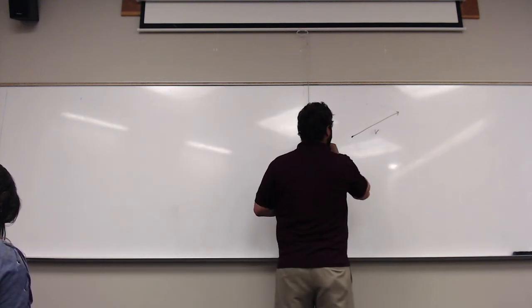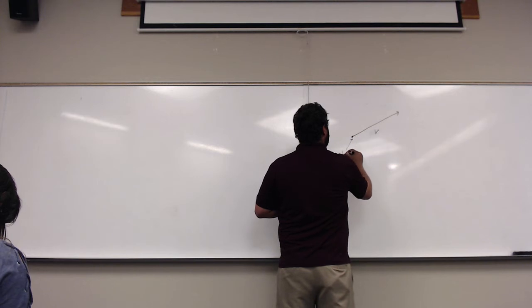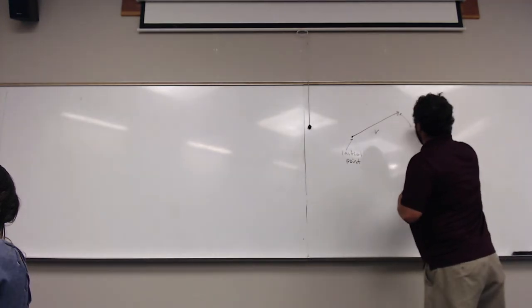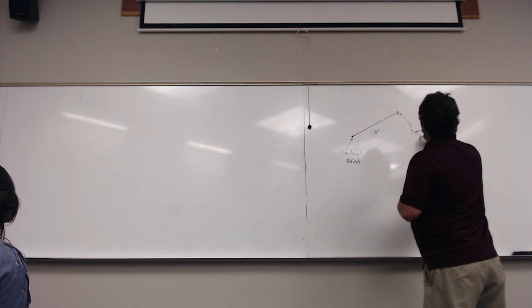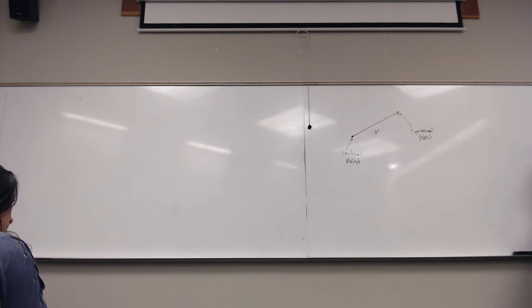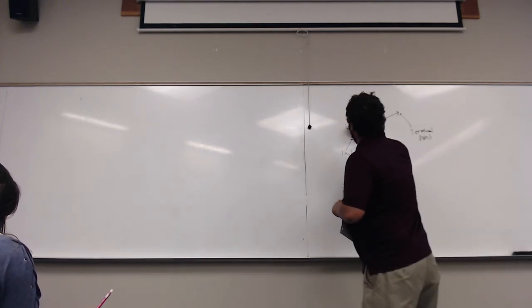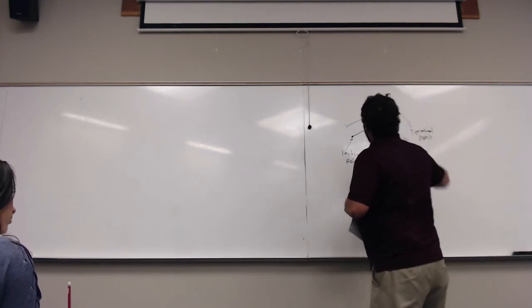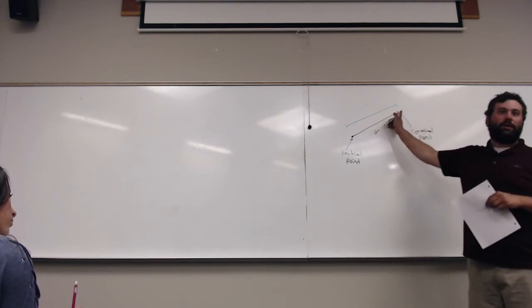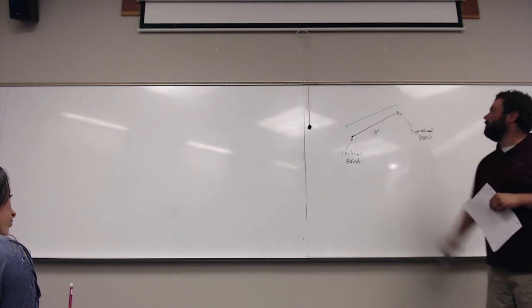This is called the initial point. And then the tip of the vector, that's called the terminal point. And if you like, that distance right there would be the magnitude. And of course the arrow is giving the direction it's going in.